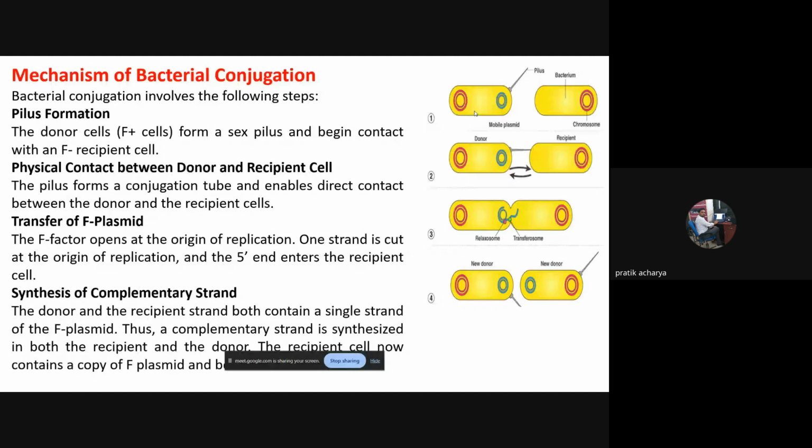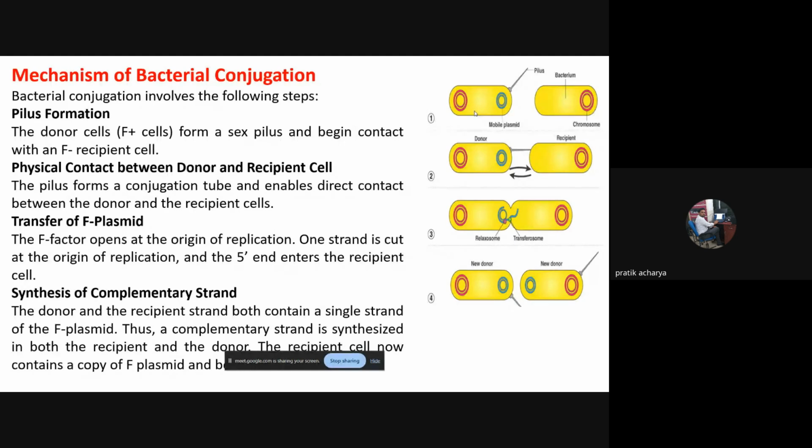Why is F plasmid important? It is considered the fertility factor. Then the recipient cells lack the fertility factor or F plasmid, and the pilus is the hair-like structure that connects the donor and the recipient. This is an important phenomenon.